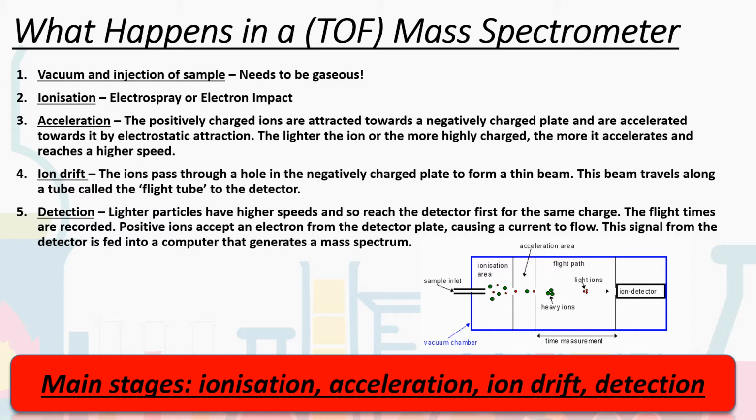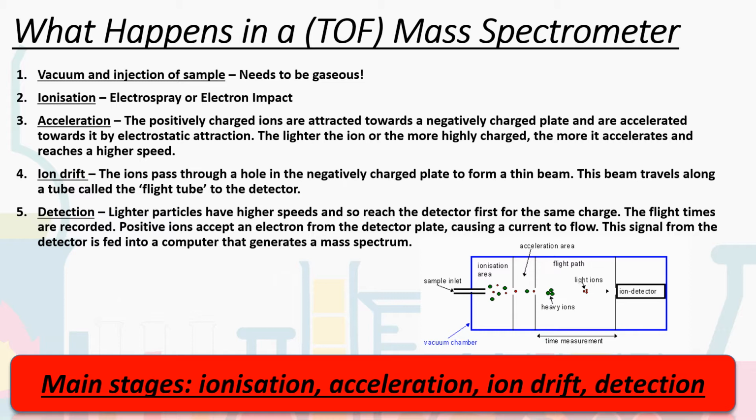And so we either do it by the electrospray method of dissolving it in the volatile solvent, which then evaporates essentially, or we vaporize our sample directly if we do the electron impact type of ionization. But the key thing is it has to be gaseous and it has to be under vacuum. The second step is the ionization that we've just talked about, either through electrospray or electron impact means.